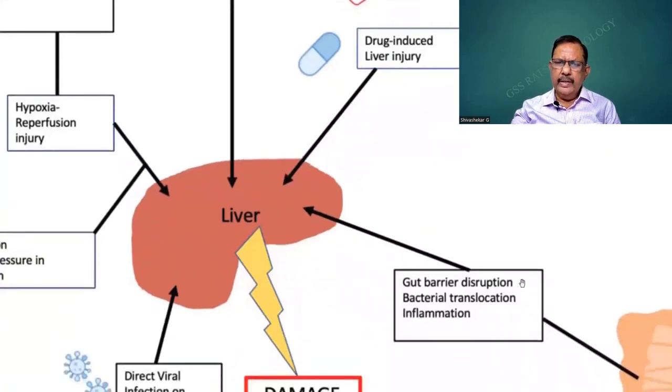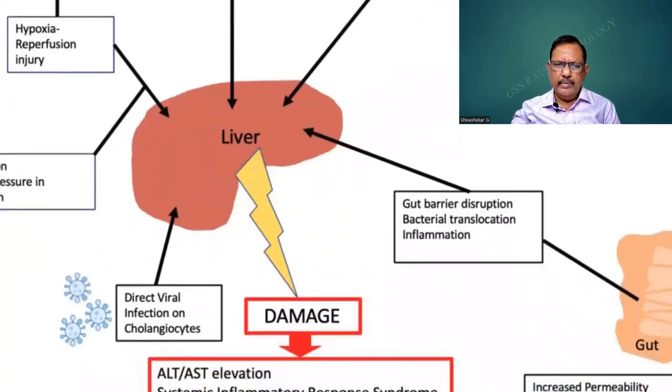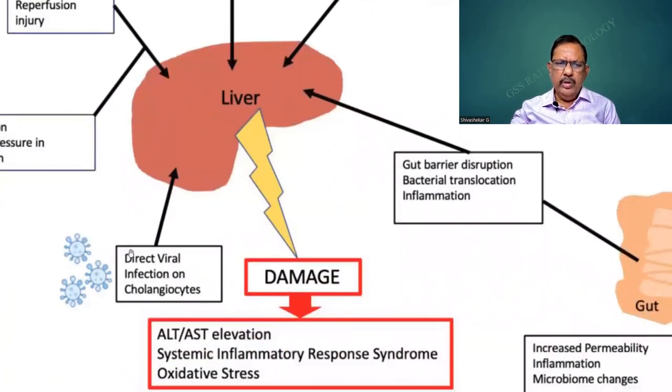Lower down, there is a gut barrier disruption in which the bacteria or the viruses are being released, leading to a hepatic damage. Also, the viruses in the blood can lead to an infection of the cholangiocytes and its damage.